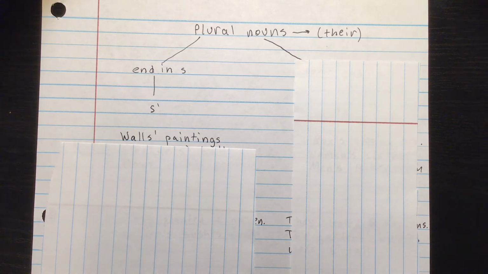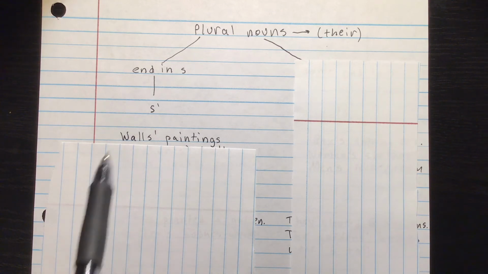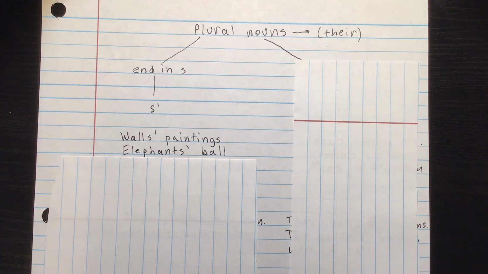Versus if you had a singular wall and you had maybe two paintings on one wall, it would be the wall's paintings. It would be its paintings versus their paintings with more than one wall. A couple more. Elephants' ball, like we said, if you have more than one elephant owning a ball, maybe they're sharing it for some reason, it would be their ball.